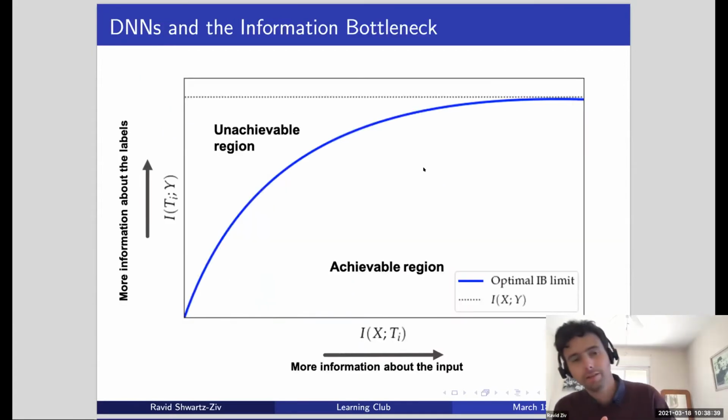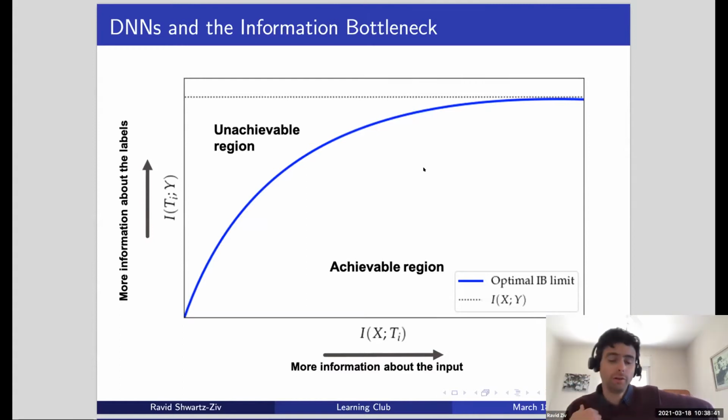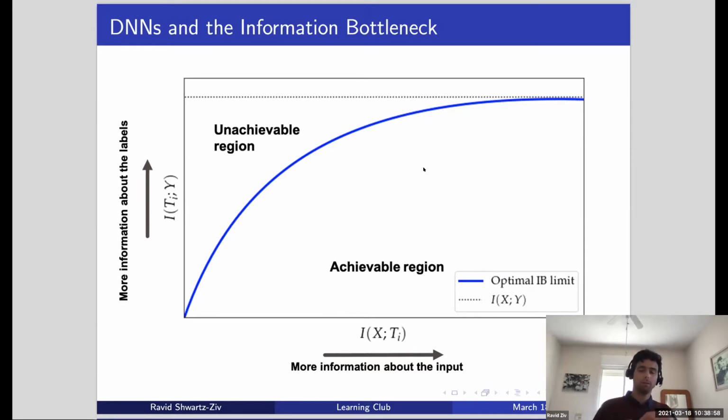Good. And now we can look at what we call the information plane. So the x-axis is the information with the input, and the y-axis is the information with the labels. And the IB theorem tells us that we have some optimal bound that doesn't depend on a specific algorithm, that we cannot go above this bound.